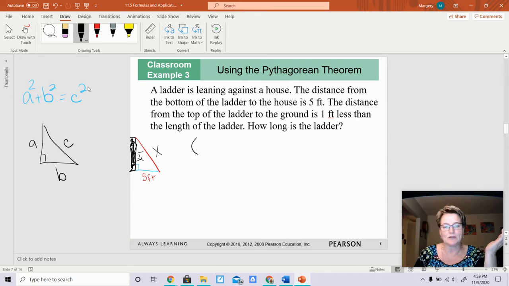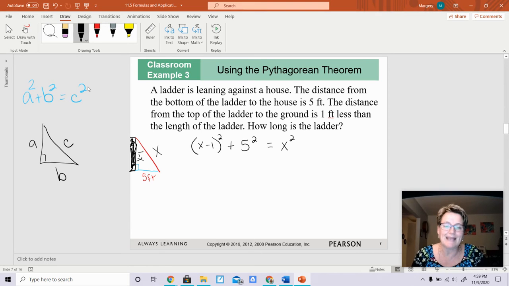So my a squared is x minus 1 squared, because that's the height of the building, plus 5 squared, which is your b, and then the hypotenuse is x squared, because that's your c squared. You're going to have to multiply x minus 1 squared.